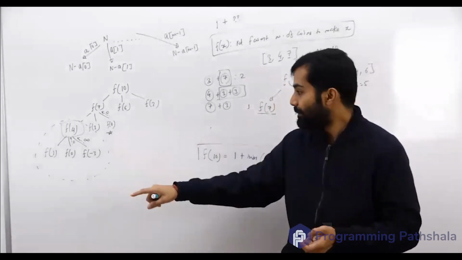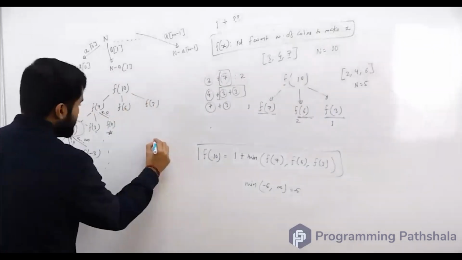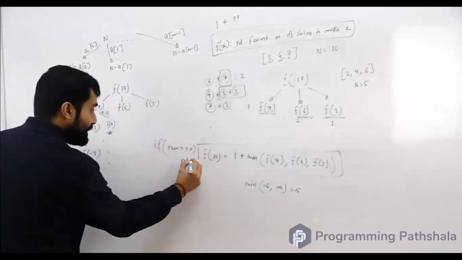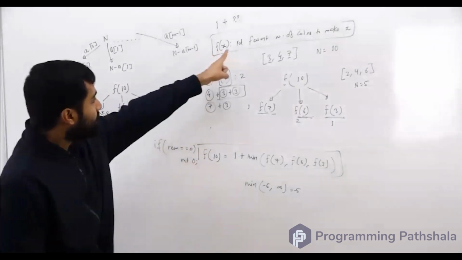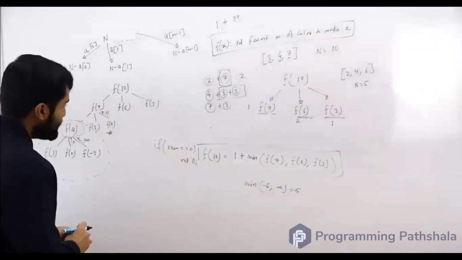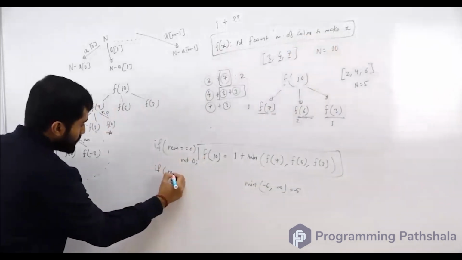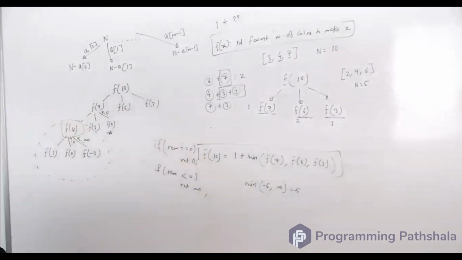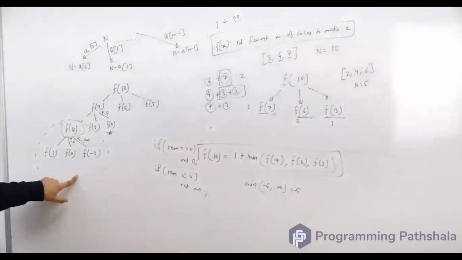So this is how it happens. Our first termination condition is that if the remaining amount is 0, return 0, and it makes sense if I go by this definition. Similarly, if my remaining amount is negative, then return infinite. Correct? Okay, now look at this f of 1. What will happen at this f of 1?